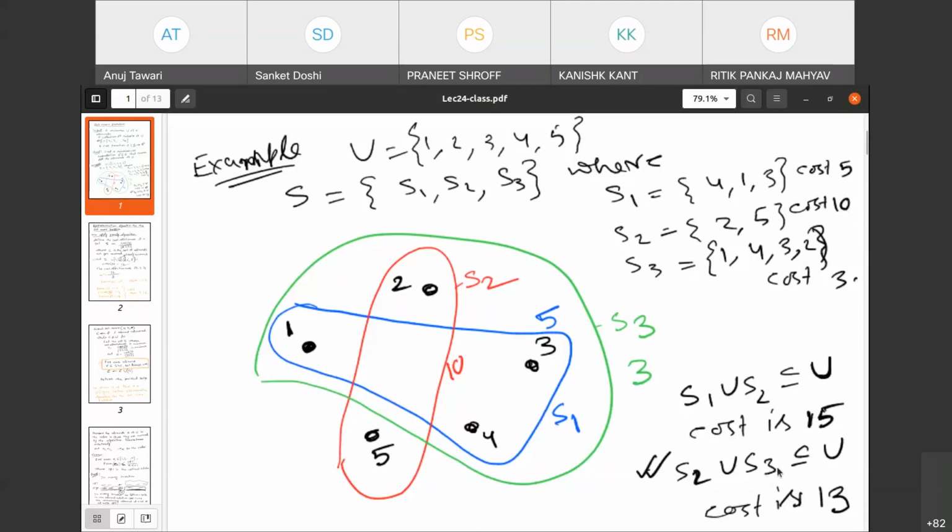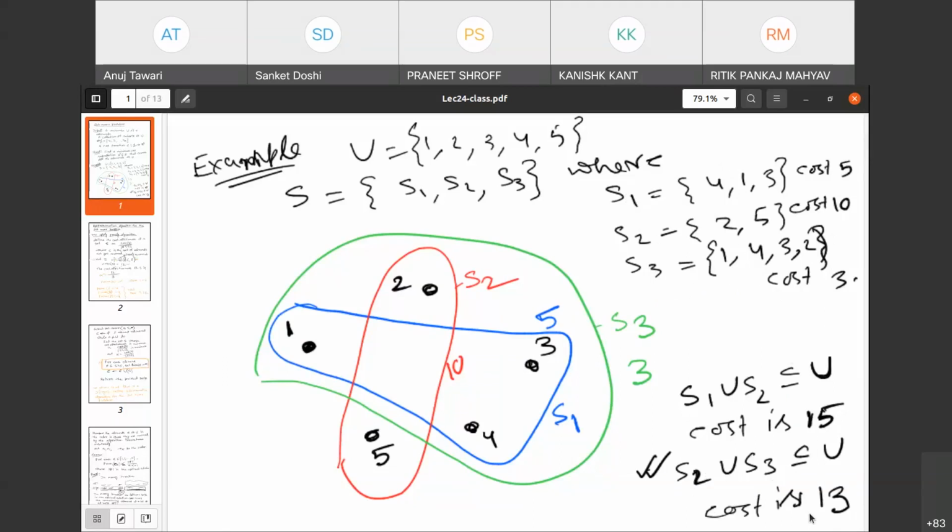S2 union S3, the cost will be 13, 10 plus 3. And S1 union S3, but then 5 will be missing from that set, since 5 is not contained in either S1 or S3. So you'll pick the minimum cost such selection. In this case, it is S2 union S3, and the cost is 13.